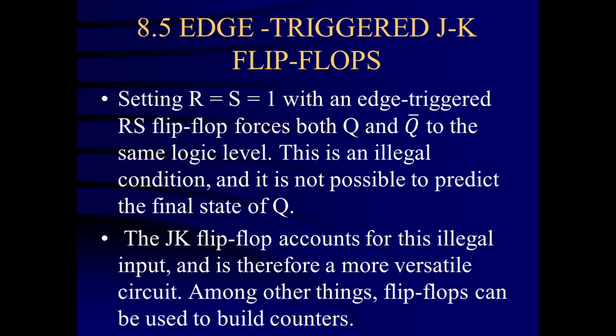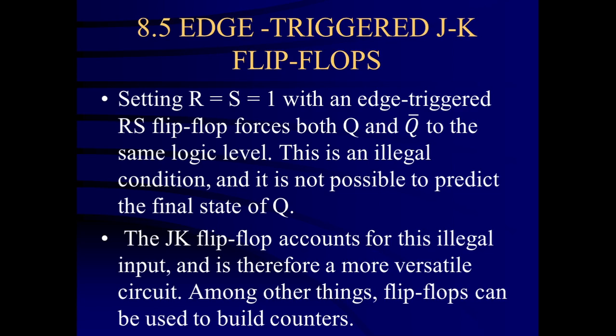Using this, counting the number of positive edges or negative edges, we can count the number of clock pulses passing in a certain period of time, and hence we can measure the time and synchronize the total digital system using this counter. So now the next topic 8.5 is edge triggered JK flip flops.